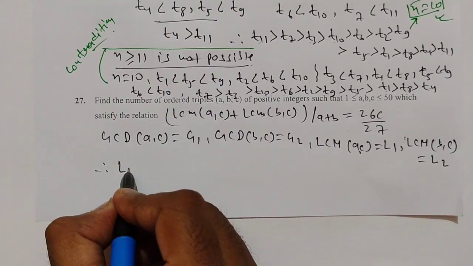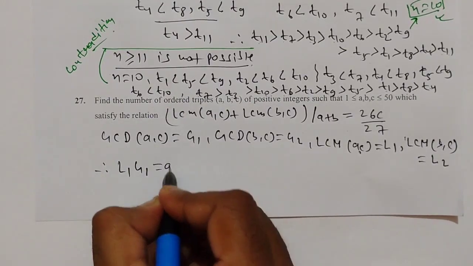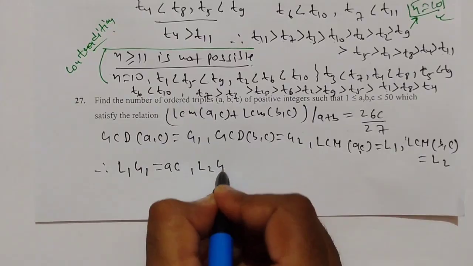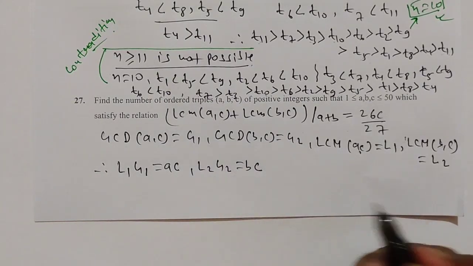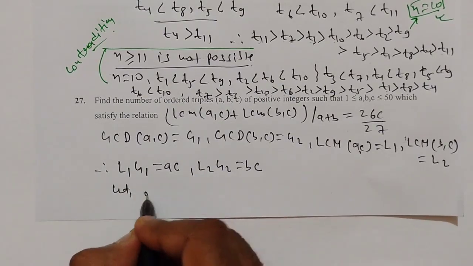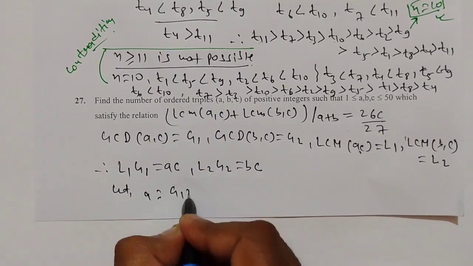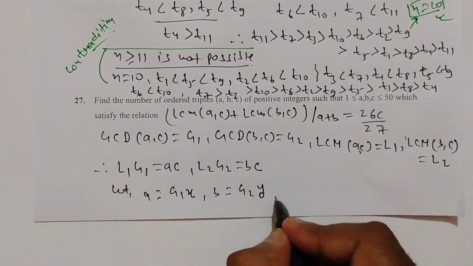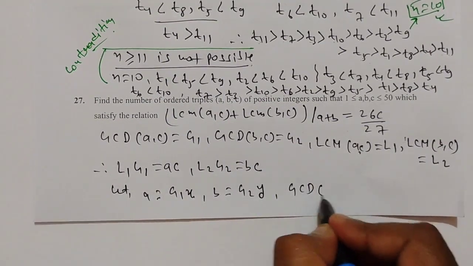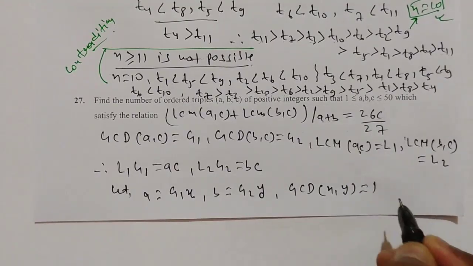So hence we have L1 G1 is equal to AC and L2 G2 is equal to BC, and now let A be G1x and B be G2y, where GCD of (x, y) is equal to 1.